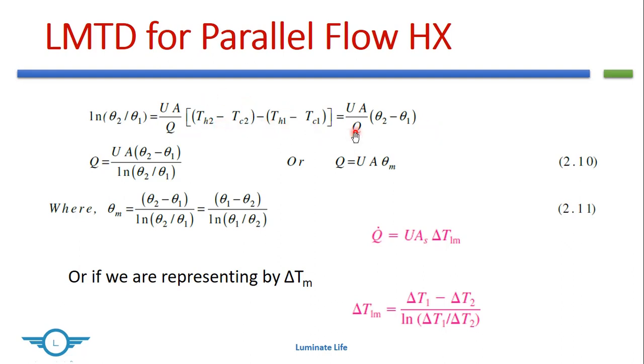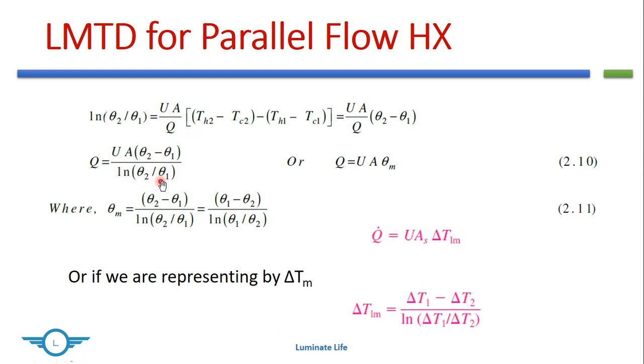This is nothing but theta 2, which is the temperature difference at the end of the heat exchanger, and this is the temperature difference at the inlet of the heat exchanger, which can be written as theta 1. So here rearranging and equating for q, you will get q is equal to UA (theta 2 minus theta 1) by ln theta 2 by theta 1.